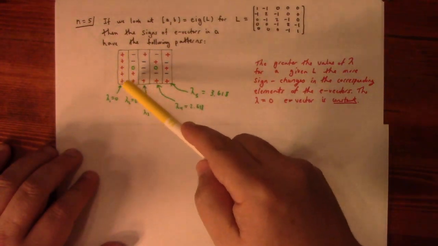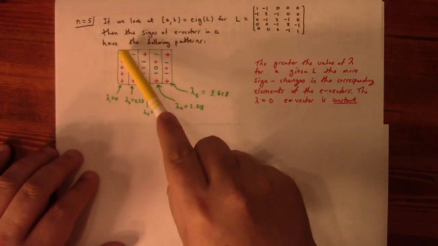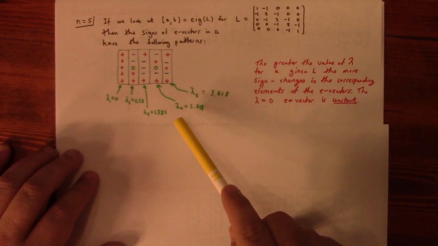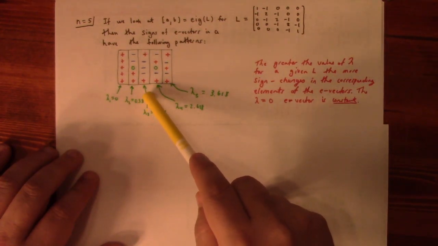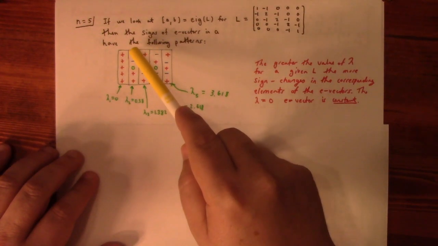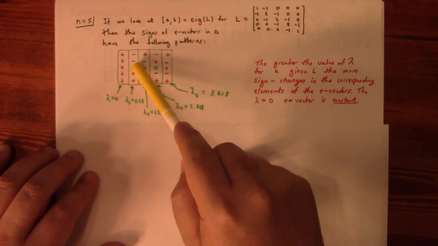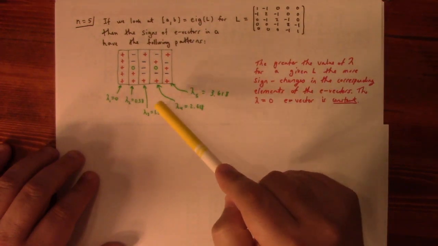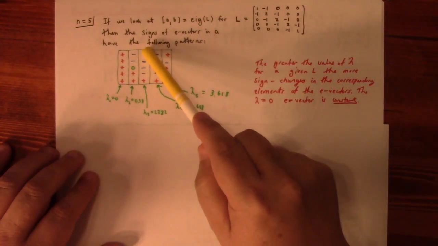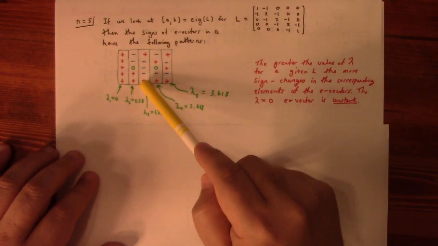Like the lowest eigenvalue 0 has the constant vector as its eigenvector, and then the next lowest eigenvalue 0.38, it crosses 0 once, minus minus goes through 0, plus plus, and the next one up crosses through 0 twice, above, below, below, below, above again.